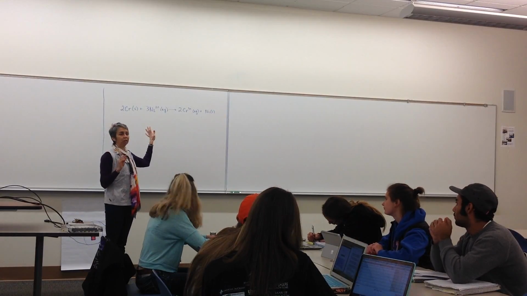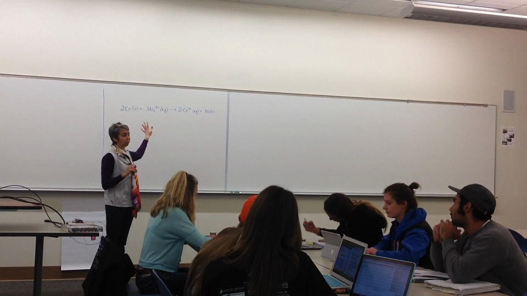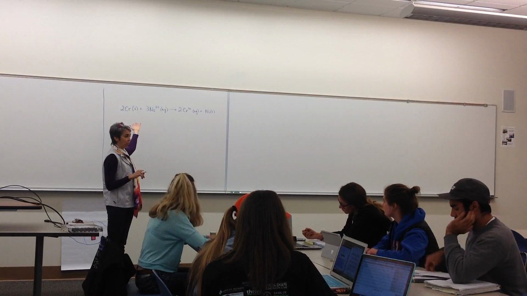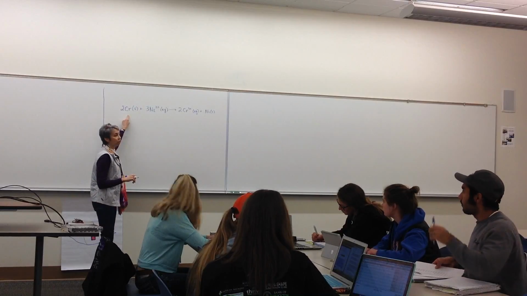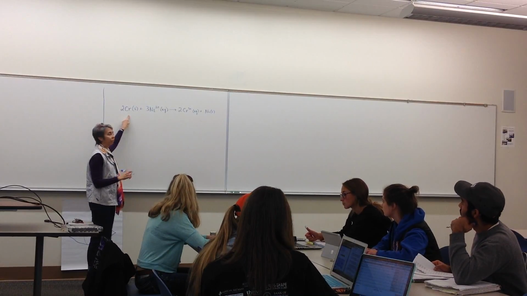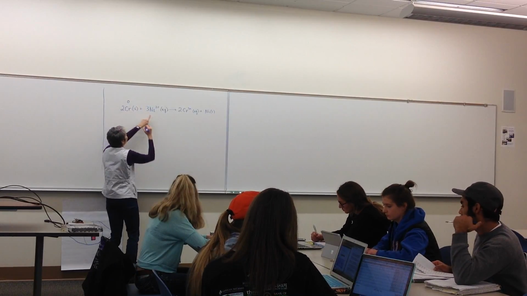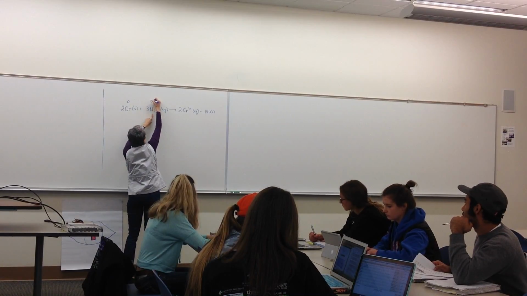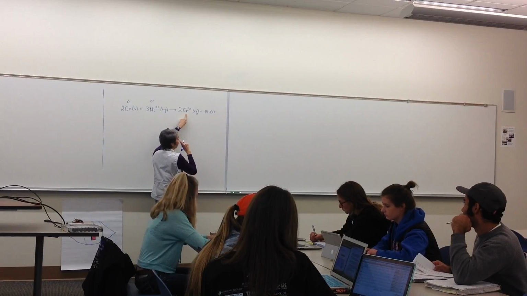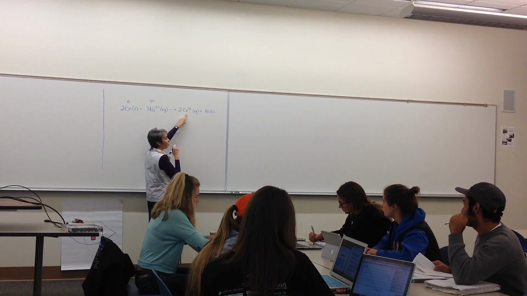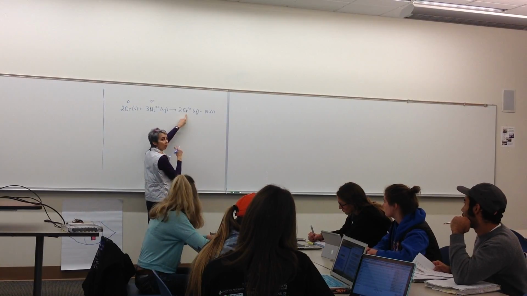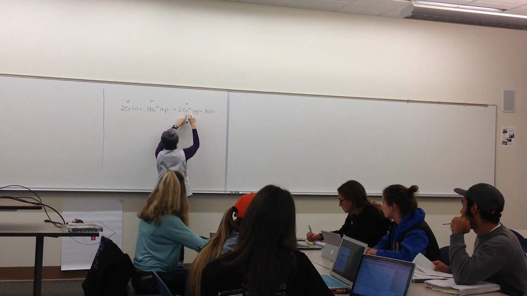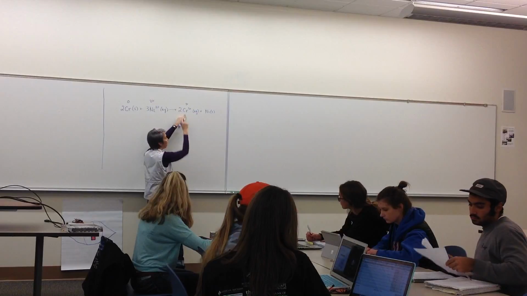This one is relatively straightforward to assign because we only have ions and neutral atoms. What's the oxidation number for neutral chromium? 0. What's the oxidation number for nickel 2+? 2+, the charge on the ion. What's the oxidation number for chromium 3+? +3. So anytime we have an ion, the charge on the ion is the oxidation number.